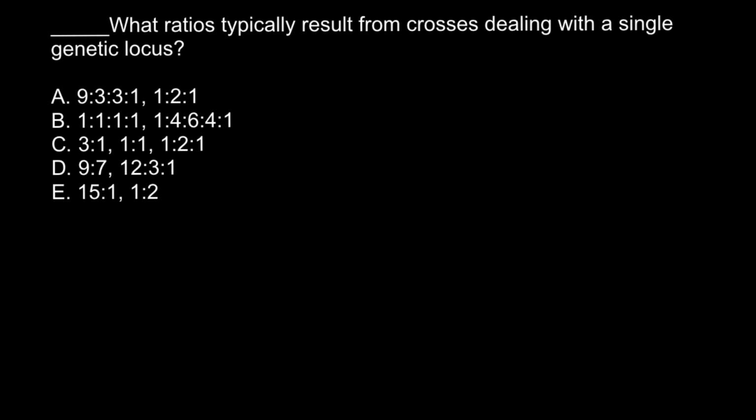Only answer C would give us ratios that we can see when there is only one locus and two different alleles. Basically, if we have a chromosome and another homologous chromosome, one inherited from the mother side, another from the father side.